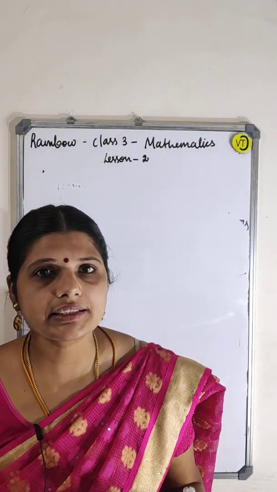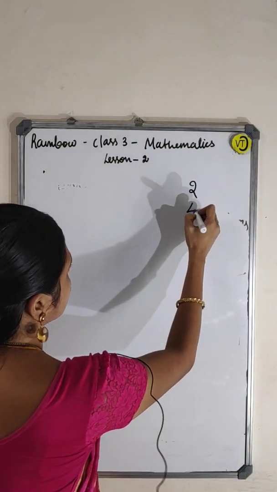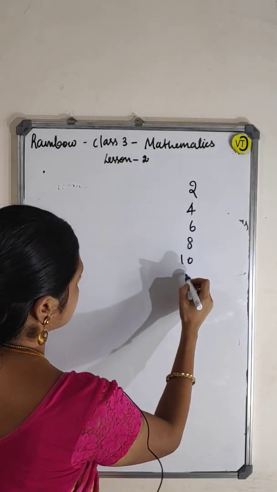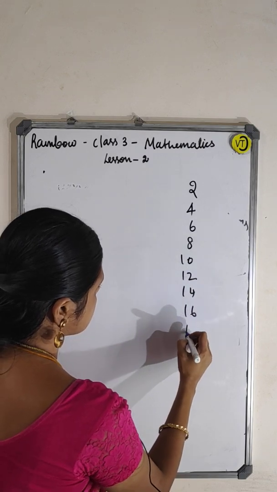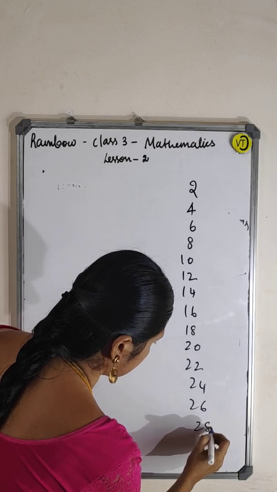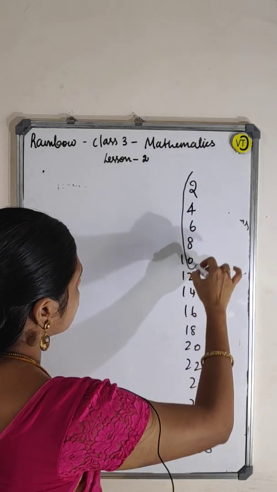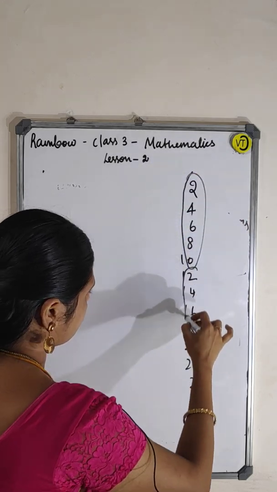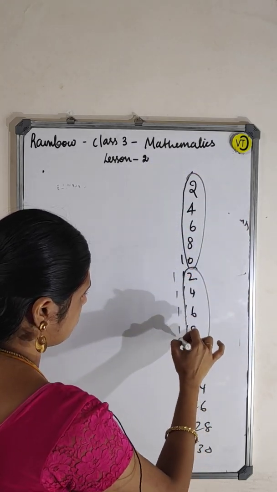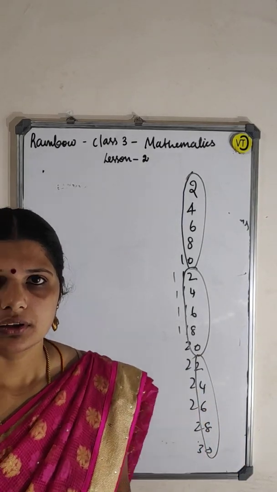See, listen here. 2, 4, 6, 8, 10, again 12, 14, 16, 18, 20, 22, 24, 26, 28, 30. The last digits you see are 2, 4, 6, 8, 0, 2, 4, 6, 8, 0. It will be like that, right?